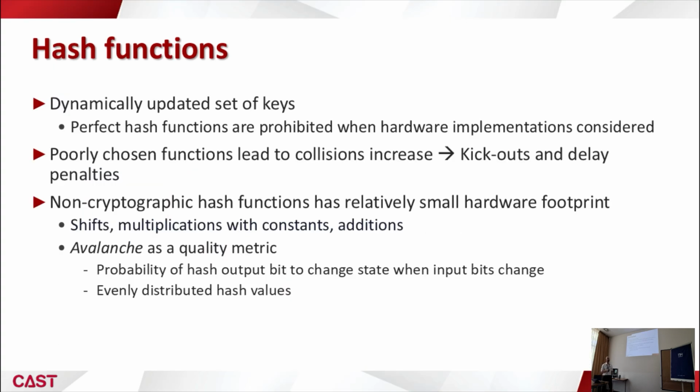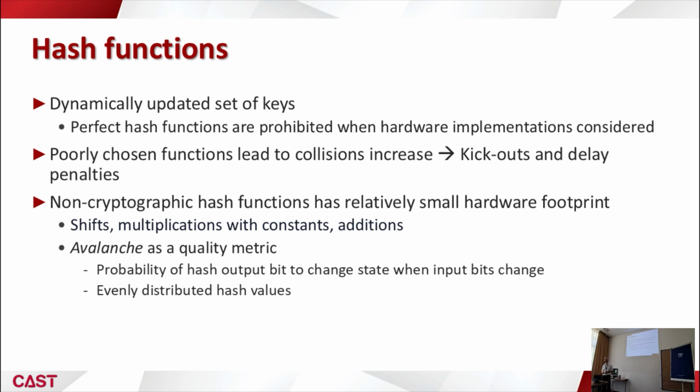One critical part of CAM design is the selection of hash functions. Most theoretical approaches assume a static set of key-value pairs based on which perfect hash functions are derived. For hardware implementations, we are mostly interested in non-cryptographic hash functions that have a small area and relatively low latency.